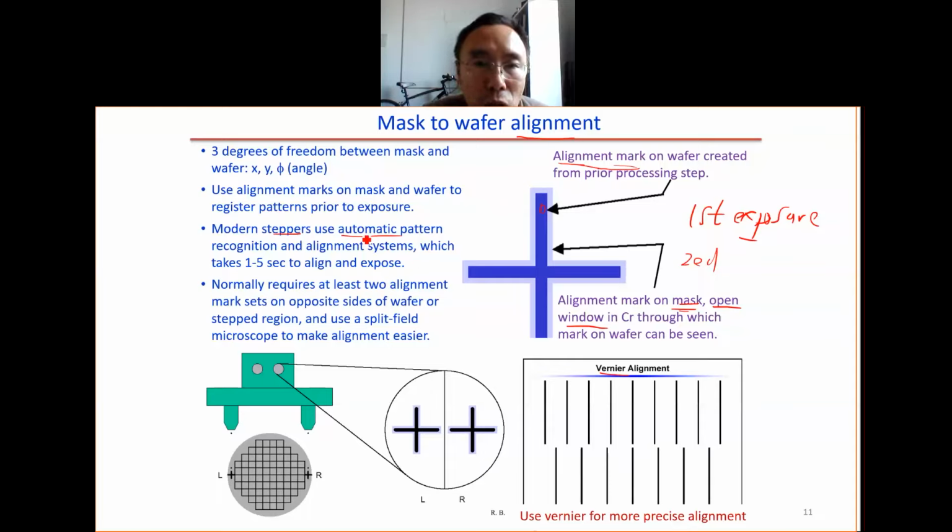Then you can do the automatic alignment. For the lab, for research equipment, this is normally what we do. We have two microscopes, with one mark on the left and one mark on the right, and this is the image on the left and this is the image on the right side. If we see it like this, then we know the wafer is well aligned. We do the rotation and movement of the wafer until we see this. You will do this kind of experiment for the lab course.